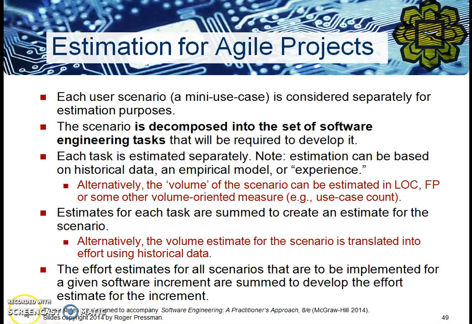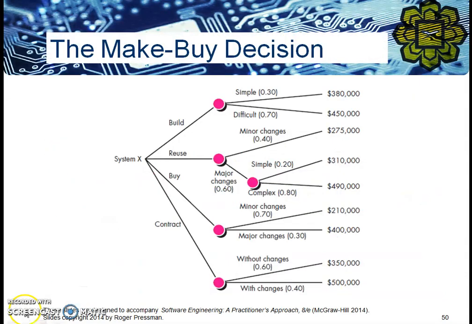We can also estimate for agile projects, where we do estimation based on the decomposition of the tasks. And finally, the make-buy decision, whether we want to build from scratch or buy, depends on the cost.